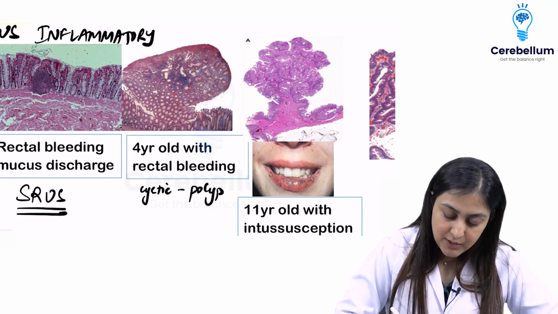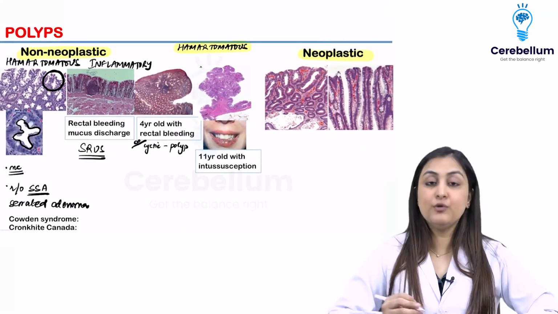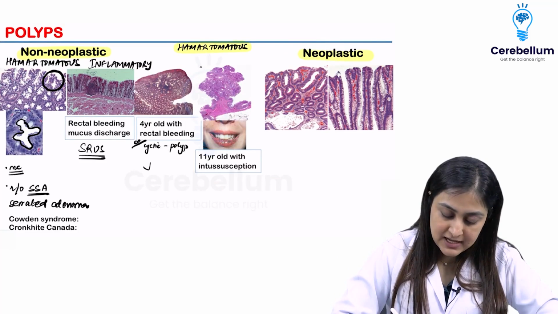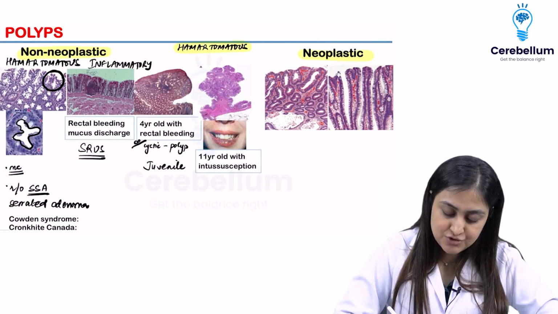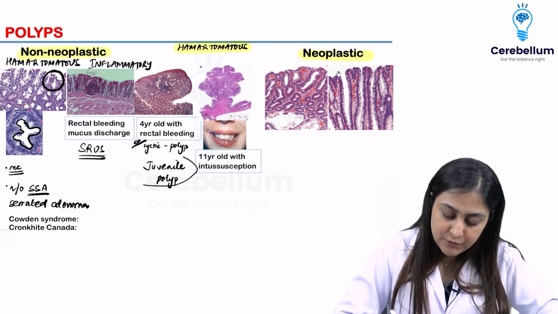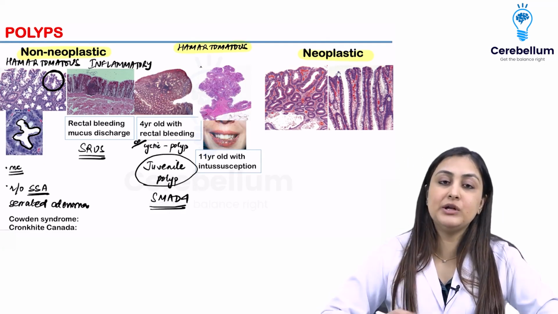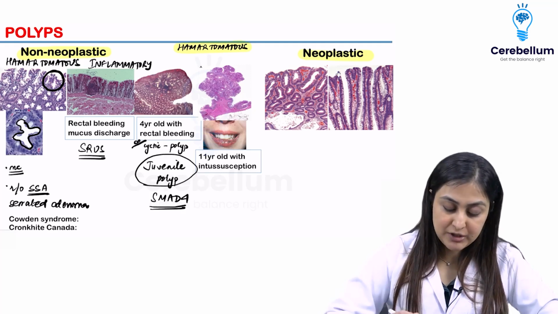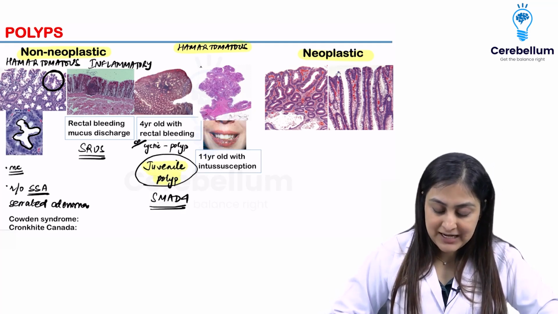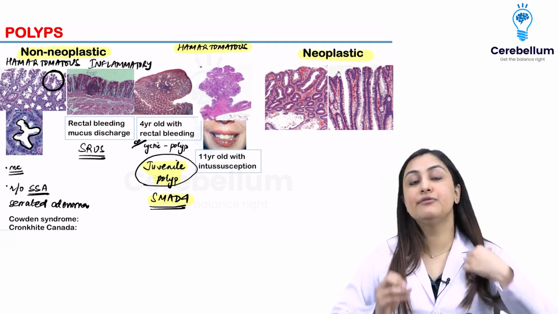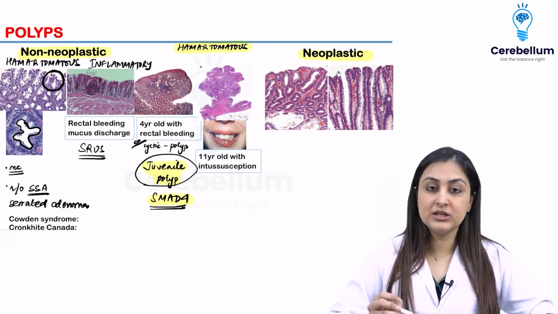This is the pathological hallmark. 4-year-old young child, this is how you are going to identify this as a juvenile polyp. From 4 years, you want to remember the gene here is SMAD4. If there are multiple, that is known as juvenile polyposis syndrome. Okay, so very important: rectal bleeding in a child, 4 years, SMAD4, cystic spaces within the polyp.